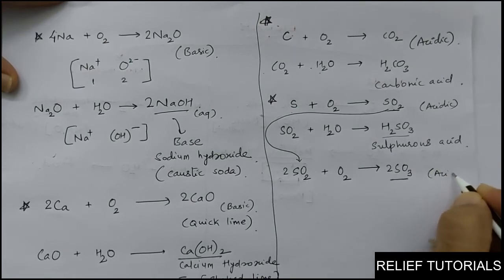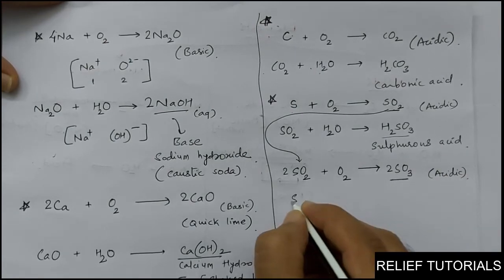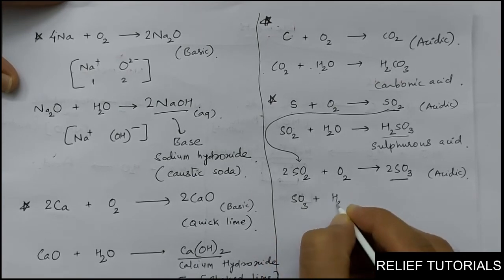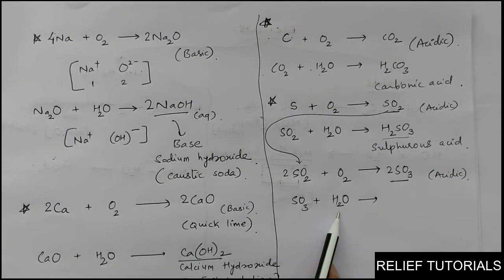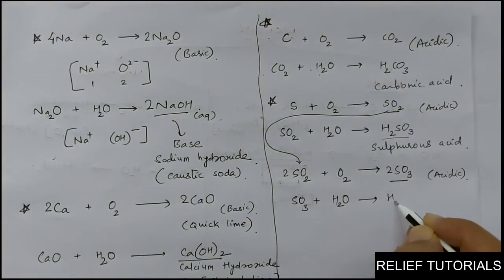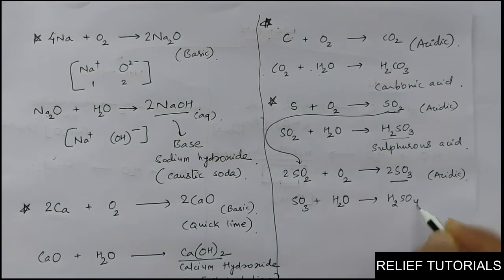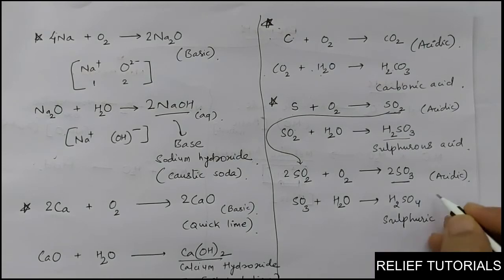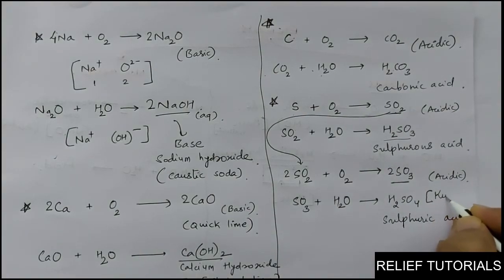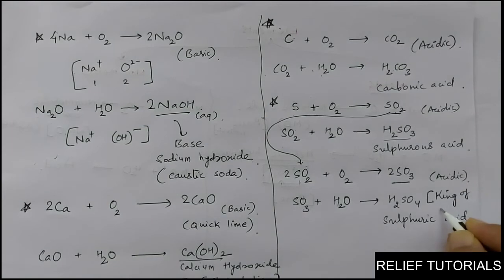This is also acidic in nature. And when this sulfur trioxide dissolves in water, it forms, look at this now, H2, S1 and O4 totally. So it forms H2SO4, sulfuric acid. For your extra or general information, H2SO4 is called the king of chemicals.